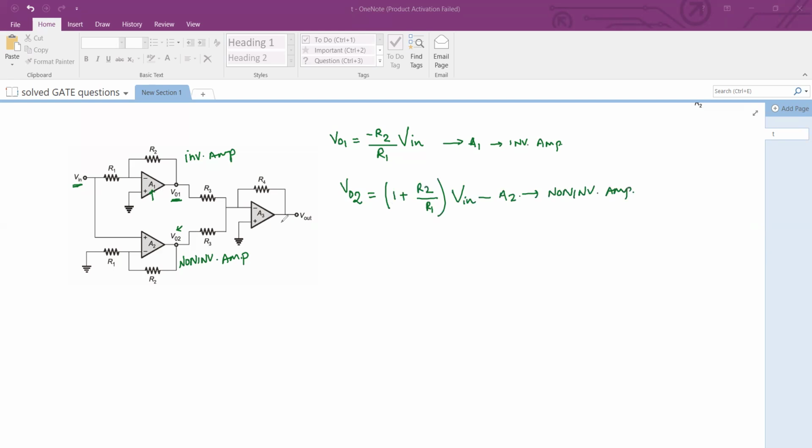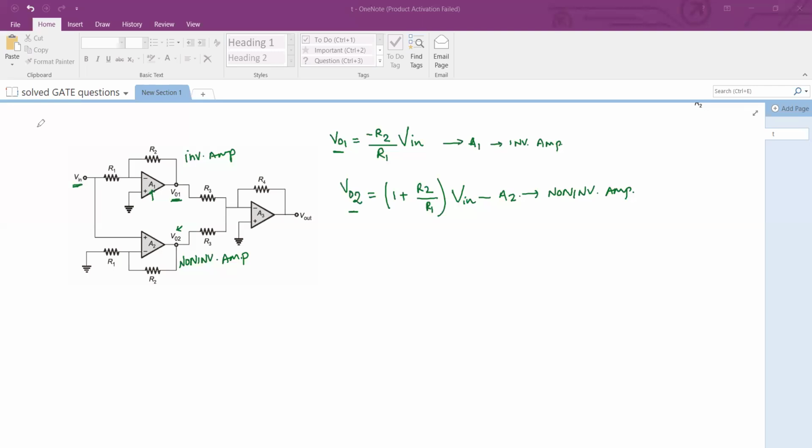So we have determined the expressions for VO1 and VO2. Now, VO1 and VO2 become two inputs to the third stage, A3. VO1 comes through this resistor at the negative pin, and VO2 also comes through this resistor at the negative pin. So A3 is also configured as an inverting amplifier, and this is basically a summing amplifier.